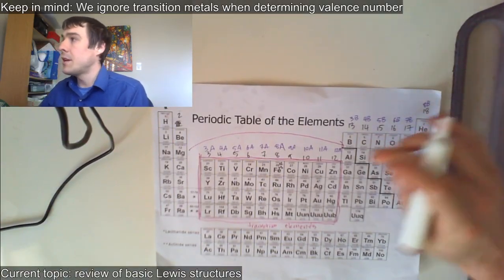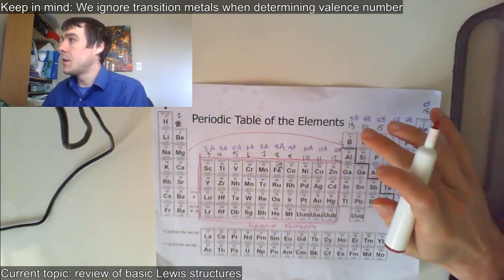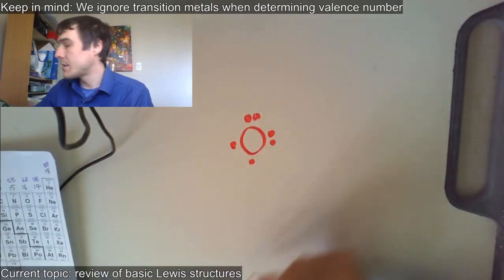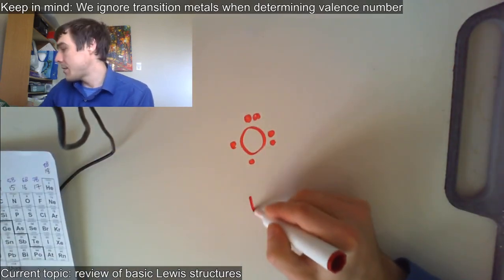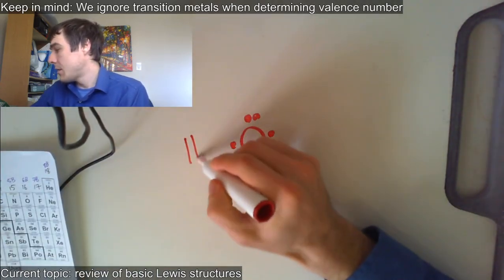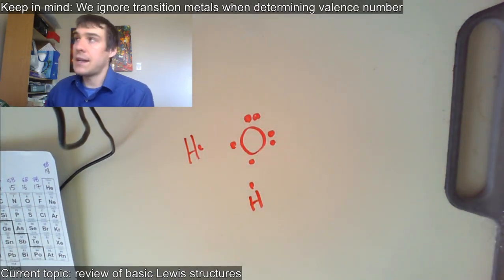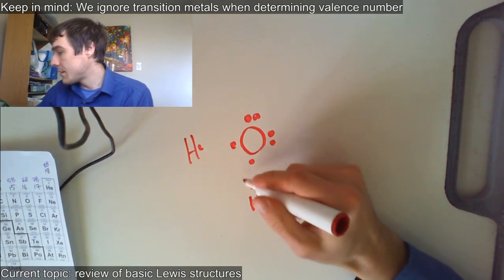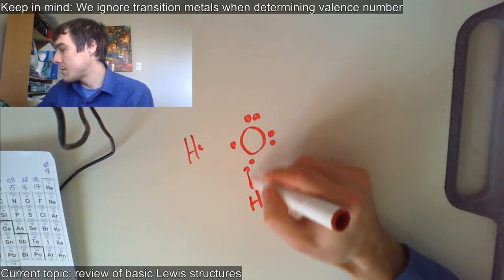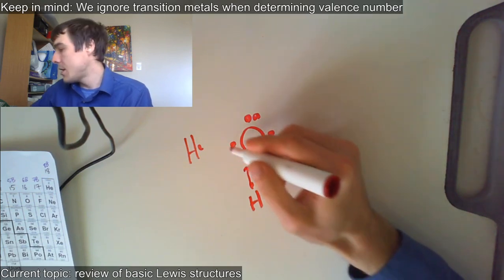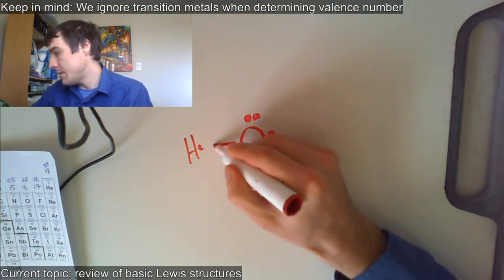Oxygen's over here, 1, 2, 3, 4, 5, 6 valence electrons, and let's say we've got some hydrogens around. What's going to happen, of course, is that these guys are going to share. The oxygen is going to pull on the electrons from the hydrogen, the hydrogen is going to pull on the electrons from the oxygen, and the same thing will happen here.